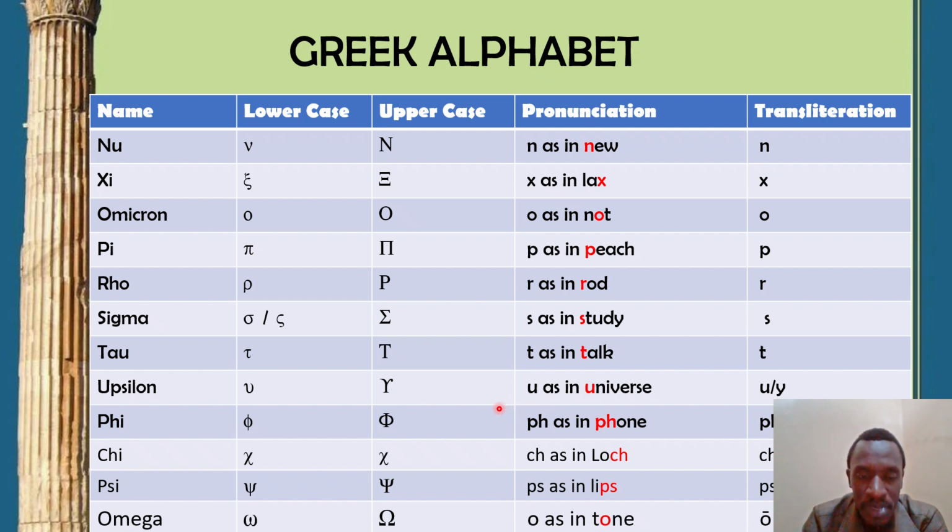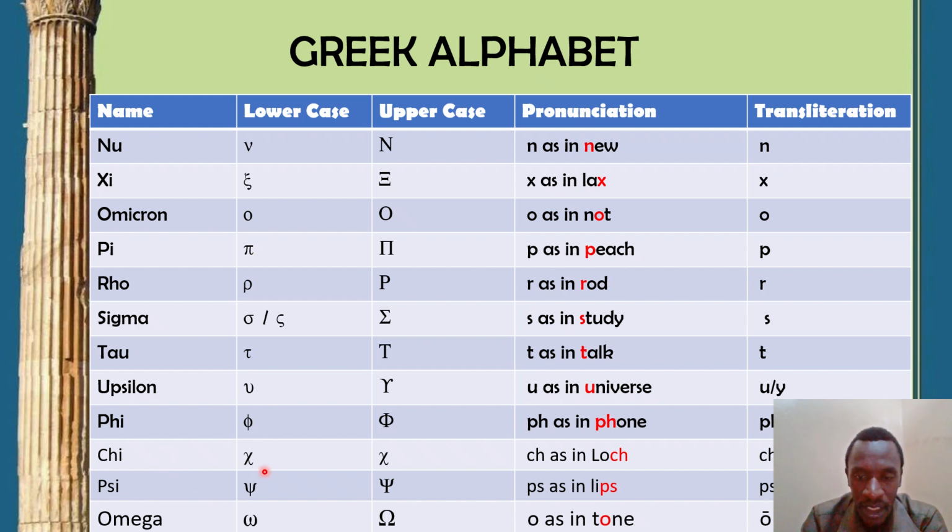So it's upsilon. And then the next letter is phi, and this is the way it is written, but it has a PH sound like phone. And then the next letter is chi. And see this one, there's a way that you need to put your throat, chi.